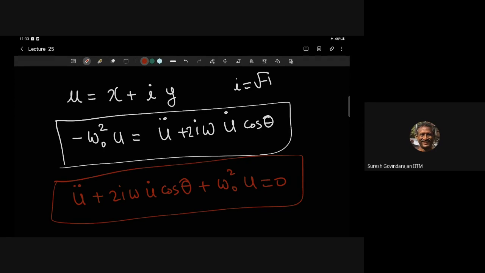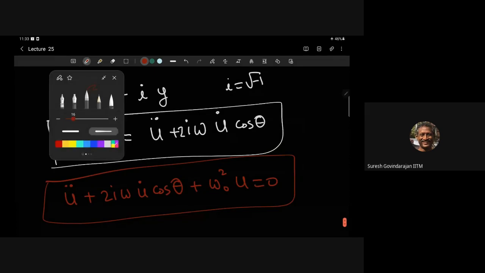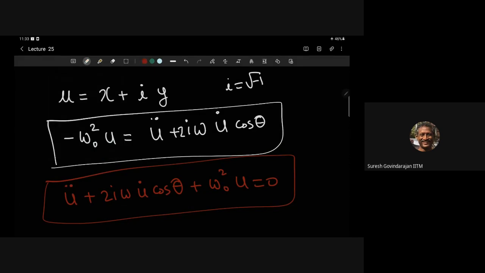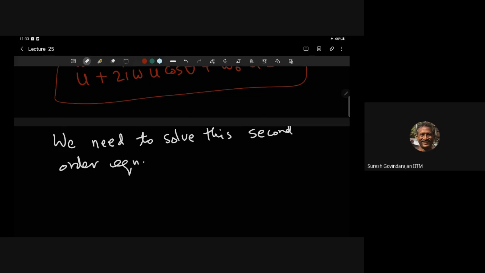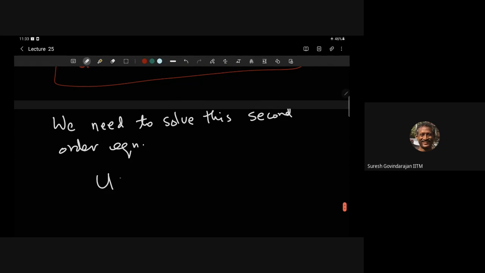Let us do it in the following way. Let's make an ansatz: U is some U naught, which can also be complex, times e power I gamma t.